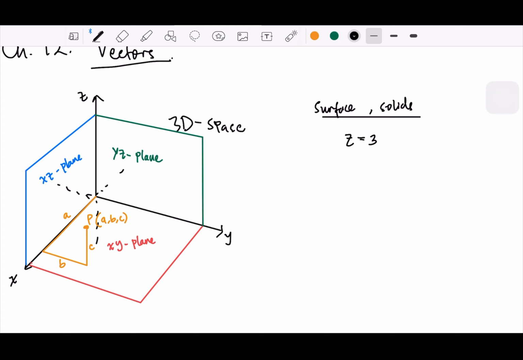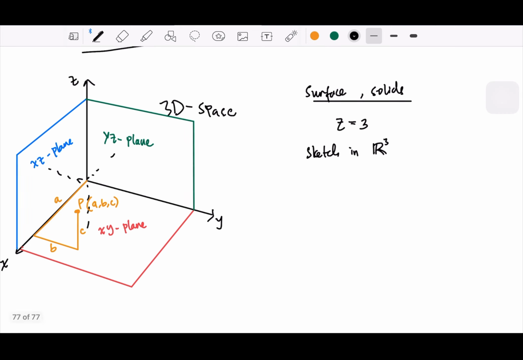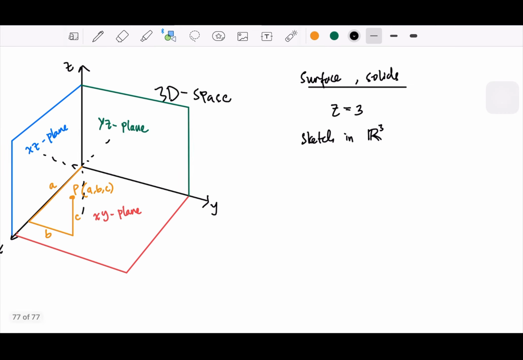Usually we write the 3-dimension like this, R cube. This means that we'll have 3-dimension with z equal 3 inside.